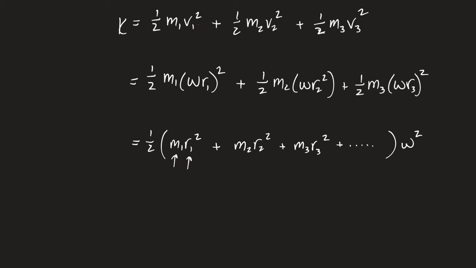All of the things in there are positive, because even the values that would have been negative, like R3, get squared, so they become a positive number, which means it doesn't matter which side of the axis the piece is on. It contributes the same. It just depends on how far away it is from the axis.